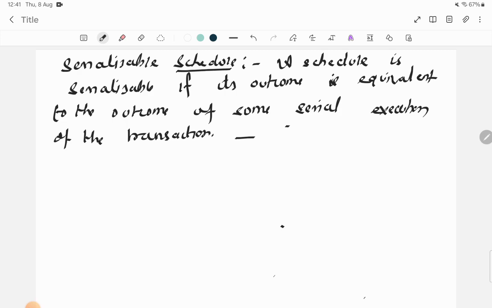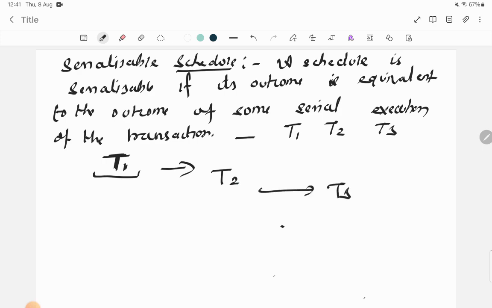Suppose we have three transactions, T1, T2 and T3. What happens in a serial schedule? First we execute the T1 transaction. After it ends, only then do we take the T2 transaction. After it ends, only then do we take the T3 transaction.